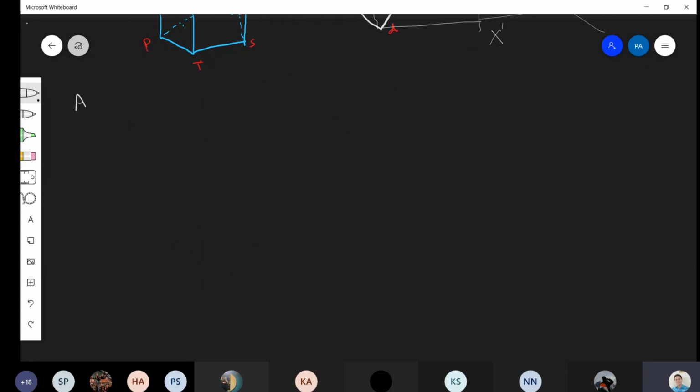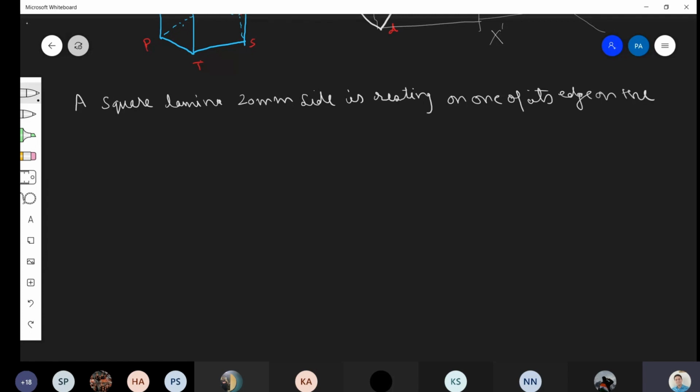So let us start with the square only. A square lamina, 20 mm side, is resting on one of its edge on the HP.